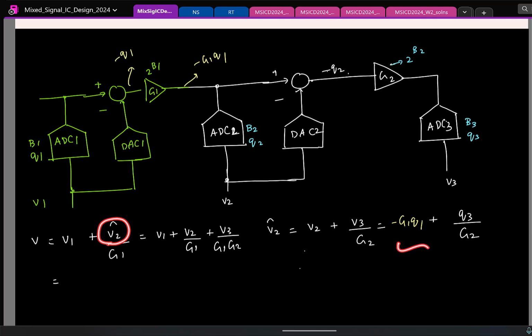So this signal is getting divided by G1. What will I get? It's going to be V1 plus minus Q1 plus, and what is V1 here? This is the input Y. What is V1 in terms of the input? So if I do this, I'll essentially get Y.